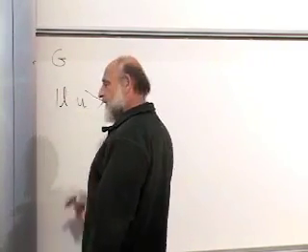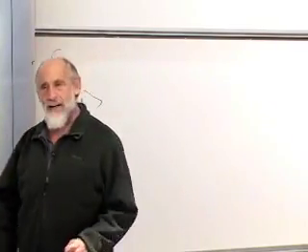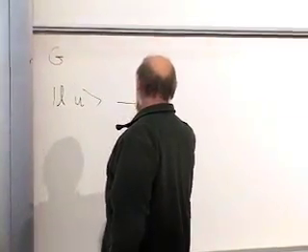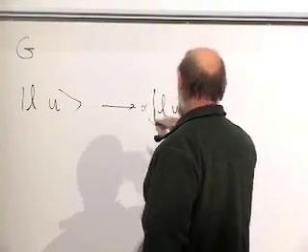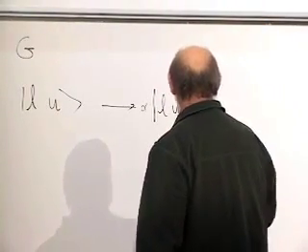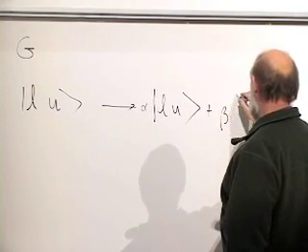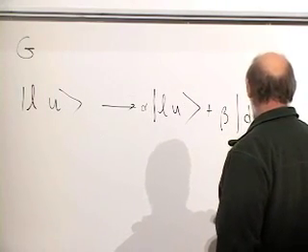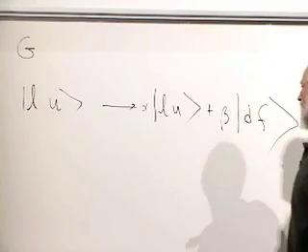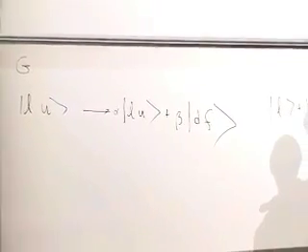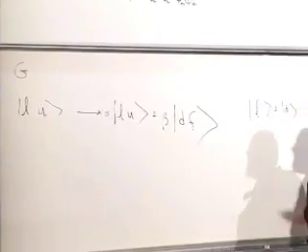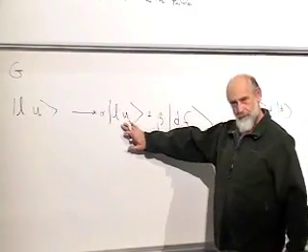And then something happens and you wait a while, and after a while the system evolves into live cat, unfired gun with some coefficient alpha, plus some other coefficient, dead cat, fired gun. Okay? It is not in a superposition live plus dead. It's in an entangled state with the gun.